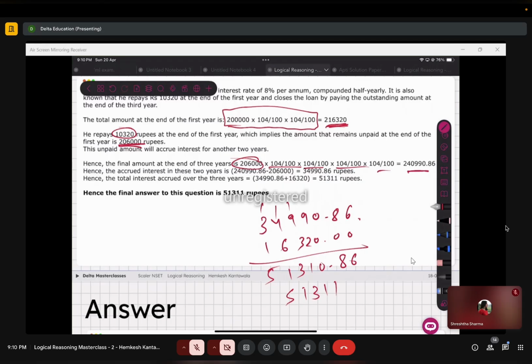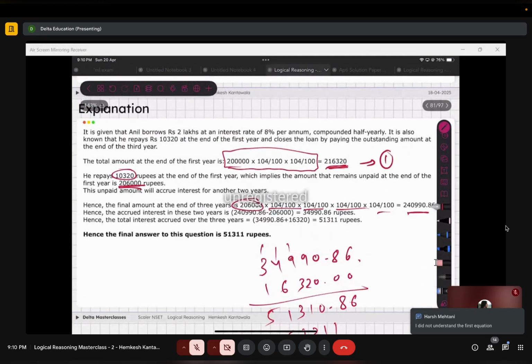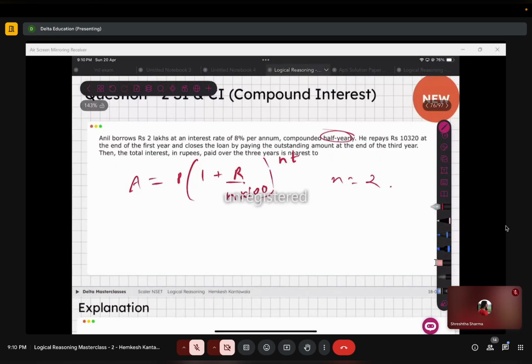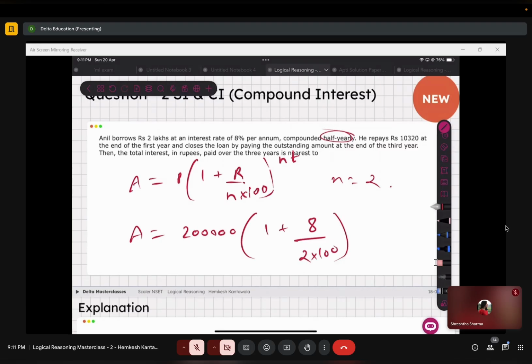This is the answer. Any doubts in this question? I did not understand the first equation. Yes, let me put in the formula, which you know now. P, principal given, is 2 lakhs. Rate of interest is 8. n is 2. Time is 1. Why did we take it as 1? Because after the first year itself the person is paying some X amount back.